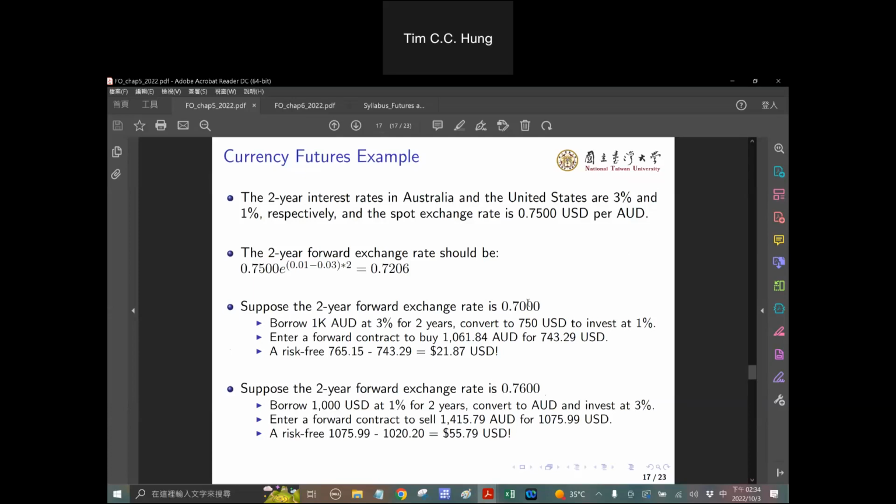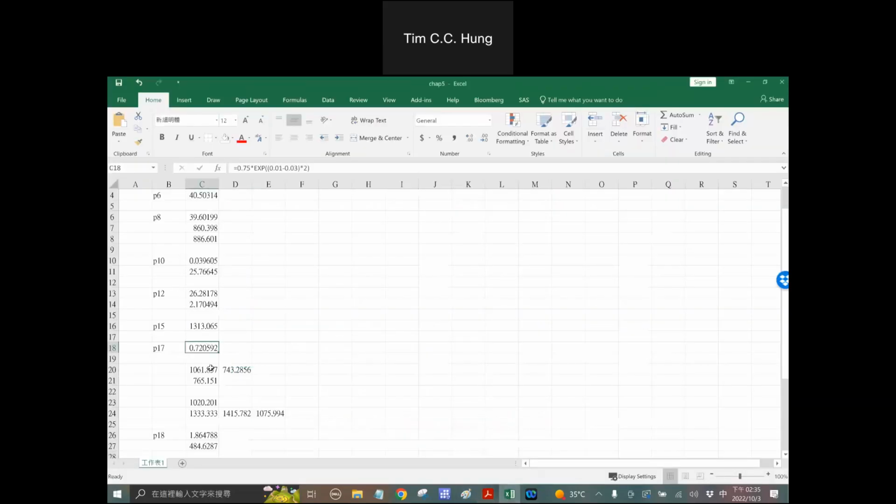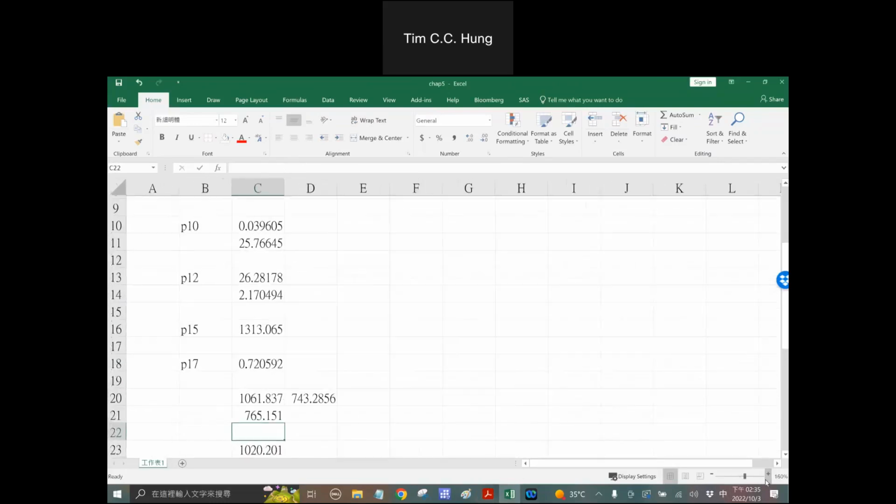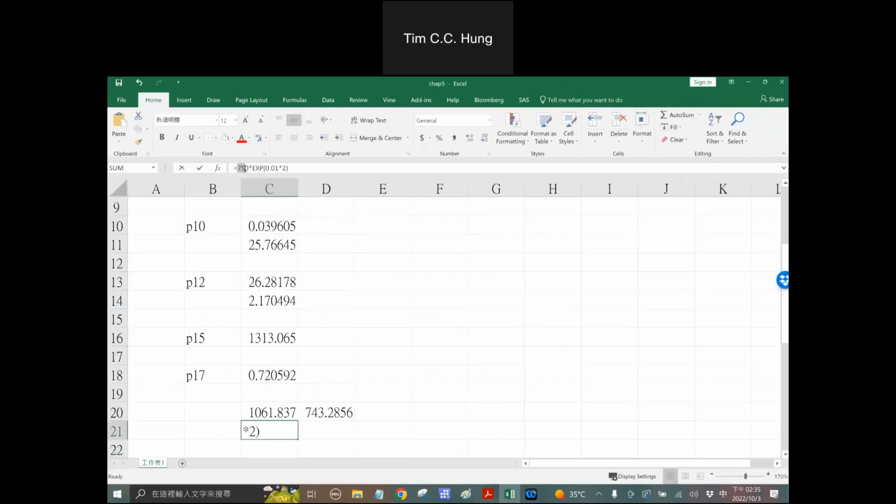So we have 750 US dollars at present, and we invest it at 1% for 2 years. That is what we are doing over here. Let me zoom in a bit. Here we have 750 US dollars, invested at 1% for 2 years.